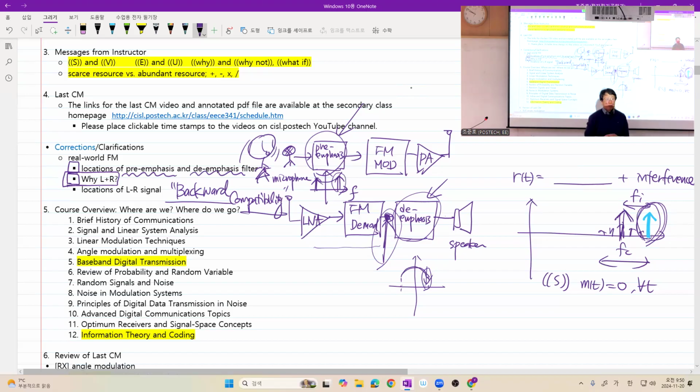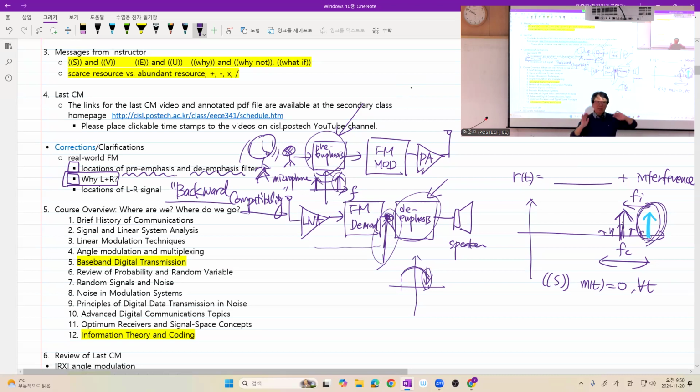For example, suppose you recorded two persons' conversation, and this person's voice is recorded on the left speaker track, and this speaker's voice is on the right speaker's track. Now, suppose you just send the right side and left side differently, and your old monophonic FM just recovers that one.